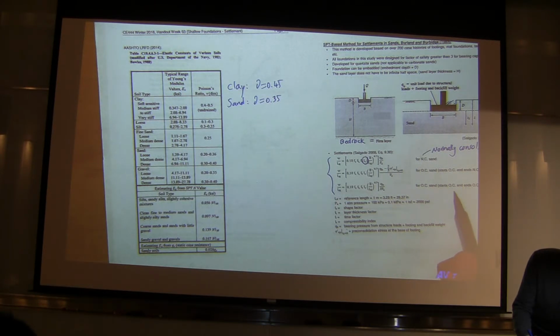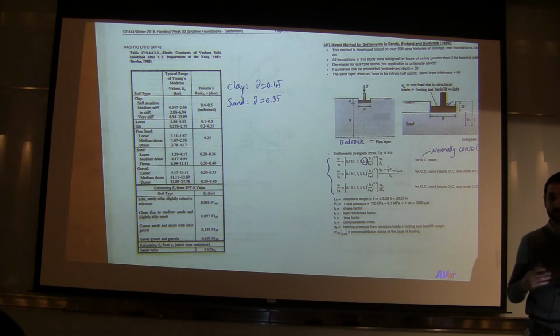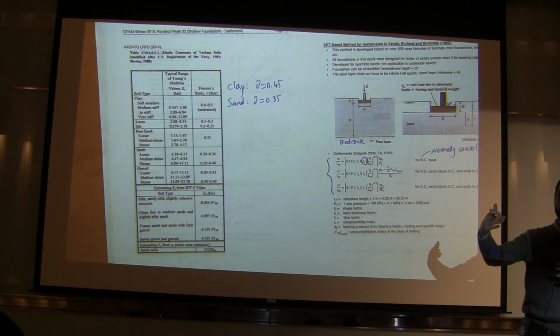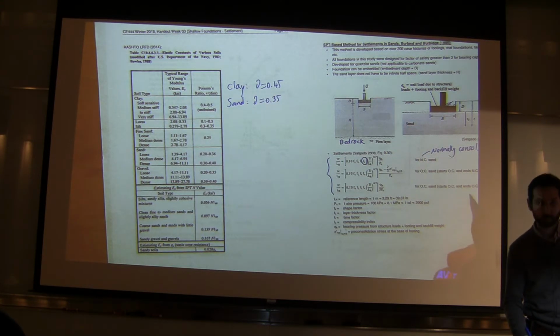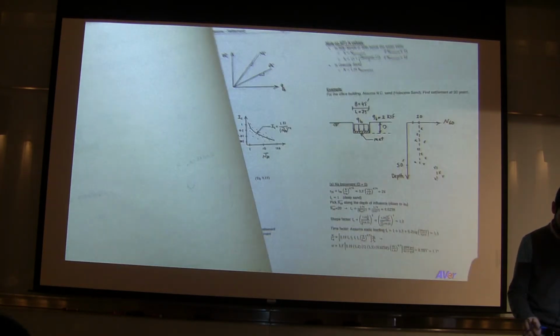You start OC, so you remove the soil, now you're OC. You add load back, but you add only 2 KSF back. You don't quite reach your 2.88, so you remain OC. So this is case 3.